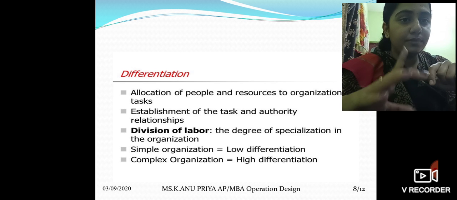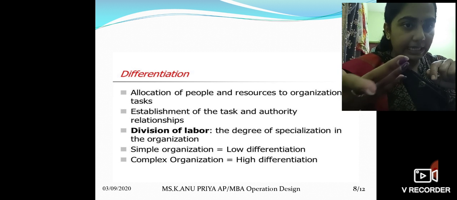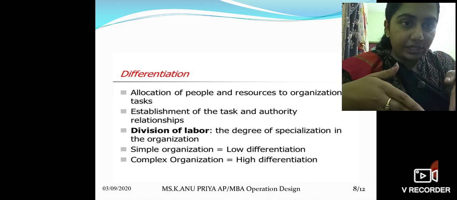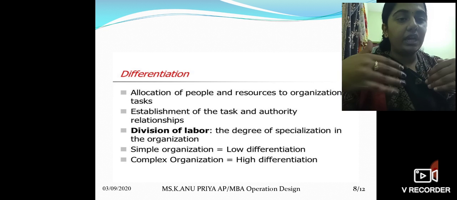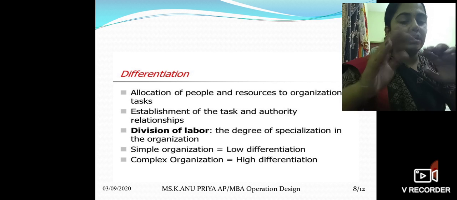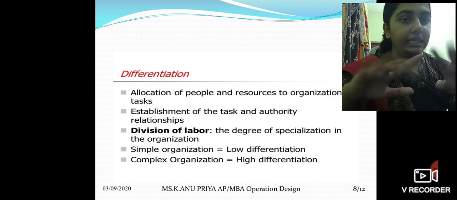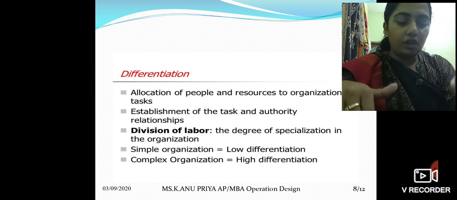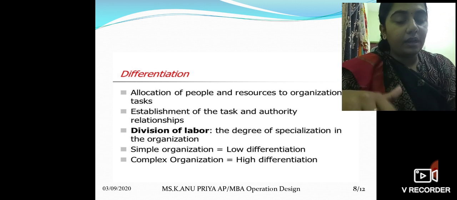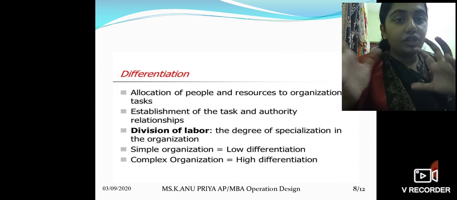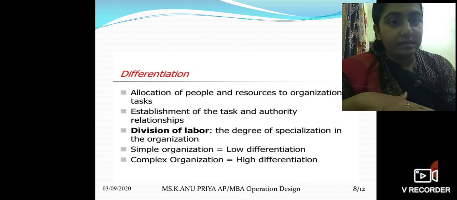Next is establishment of the task and authority relationship. If I establish the task, I should be the authorized person, with the authority relationship. If I launched or established a project, it should come under my control, and that control should not be taken by someone else.